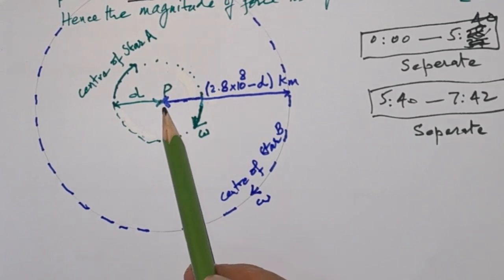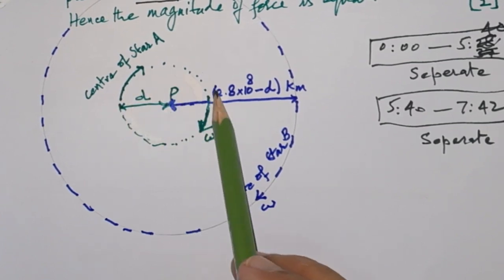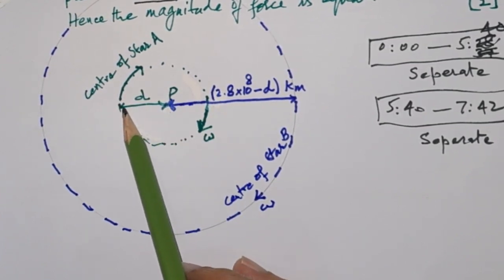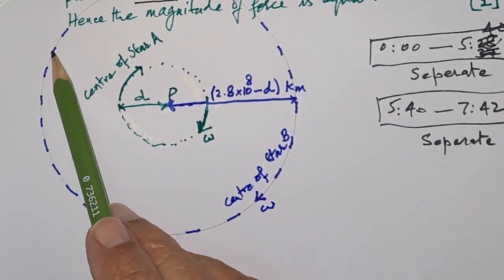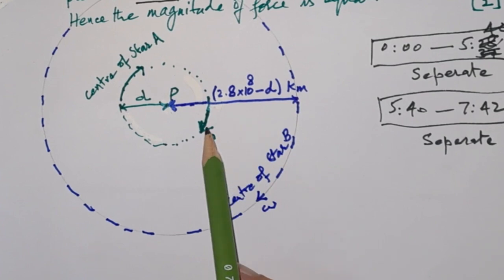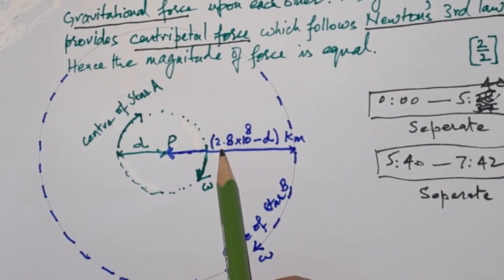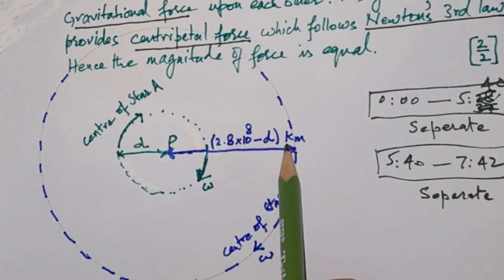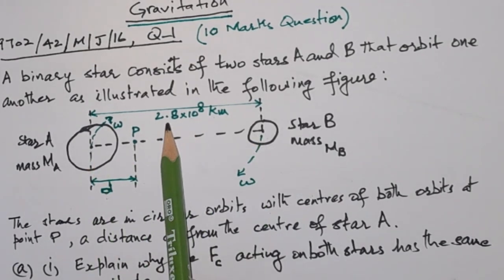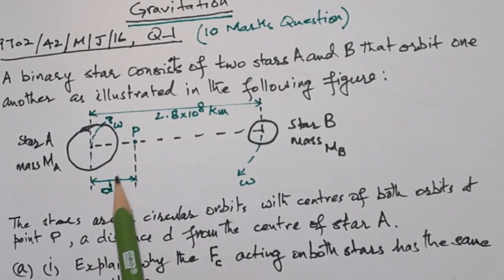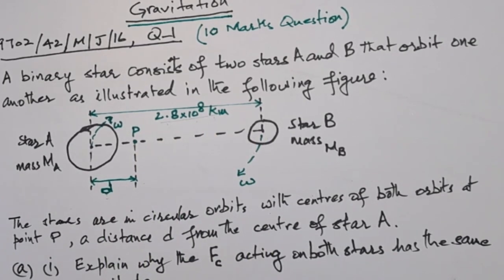If this is P, then star A is orbiting at a distance d around P, and star B is orbiting around P at a distance which should be 2.8 into 10 power 8 minus d kilometers, because the total distance is 2.8 into 10 power 8 kilometer and this distance is d, so this would be this minus this.